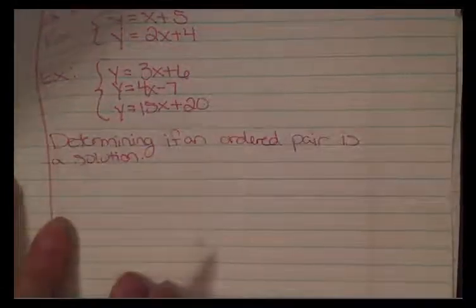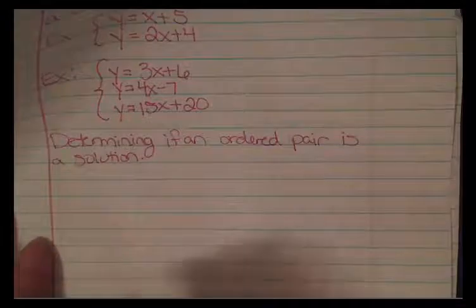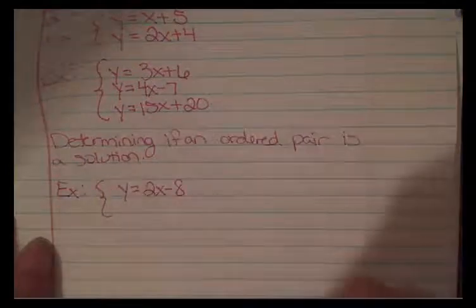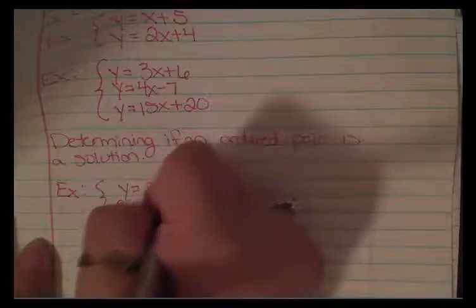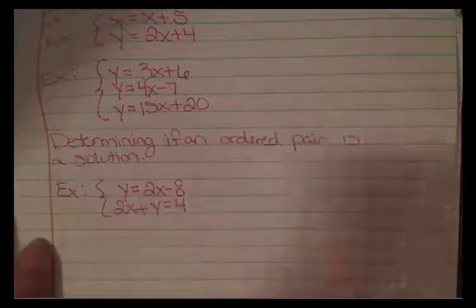This is one of the types of problems you're going to have, and what they'll do is give you a system of linear equations. For this one we have y equals 2x minus 8, and then we have 2x plus y equals 4.